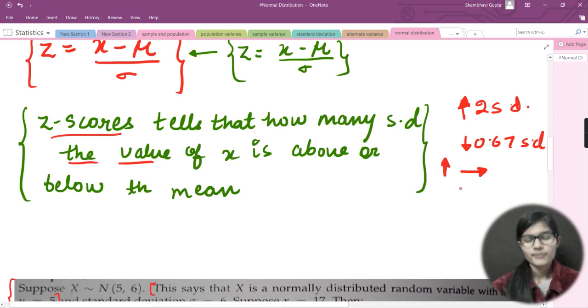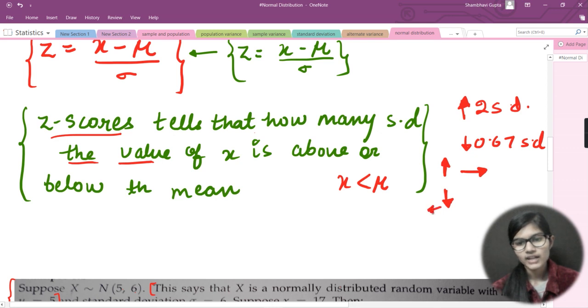Whenever x is smaller than mu, then I always get the z score below and towards the left. And whenever x is greater than mu, then I always get the z score above and towards the right hand side.